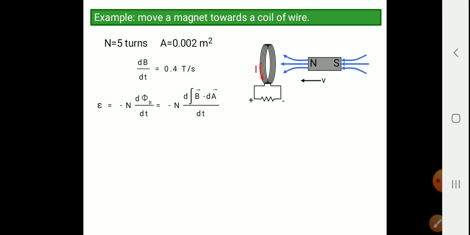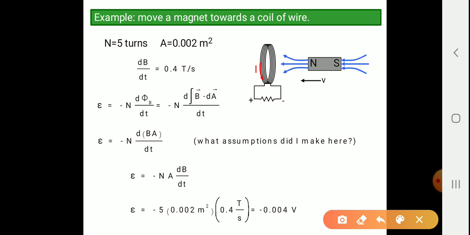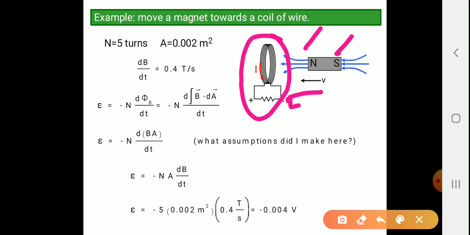This is an example of Faraday's law. A magnet moves toward a coil of wire, with the north pole and south pole as shown, and voltage V. The coil has N equal to 5 turns and area equal to 0.002 m squared, and dB over dt equals 0.4 T per second. So EMF equals minus N d phi B upon dt equals minus N integral B dot dA upon dt, which is minus N A dB over dt.